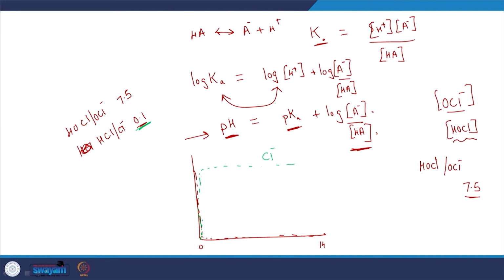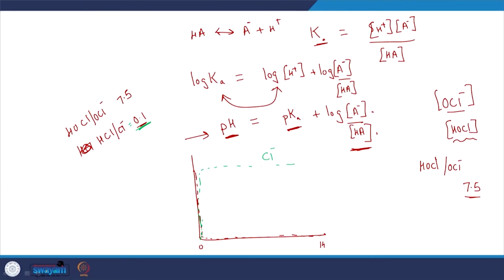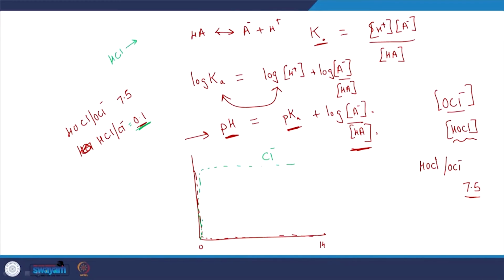So, at any pH it will give out its H plus, meaning it is a very strong acid. Please note that the pKa is not 0.1, it is negative or less than 0. So, at all practical pH of water, whenever you add acid, HCl will always dissociate to give H plus and Cl minus, thereby decreasing the pH of the water, but that is not the case with HOCl. We will see that information too here.